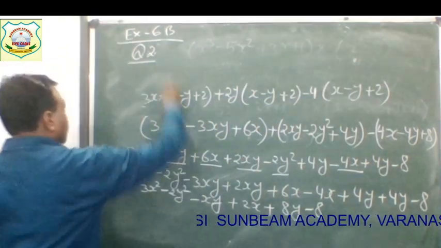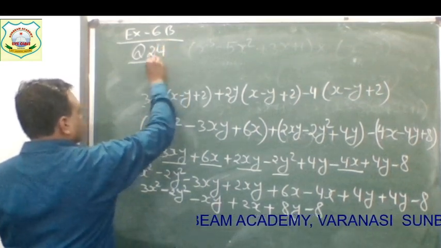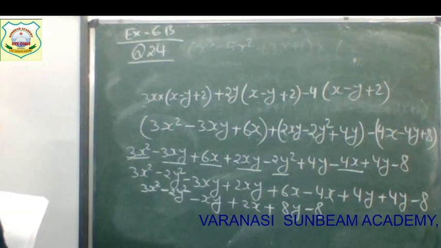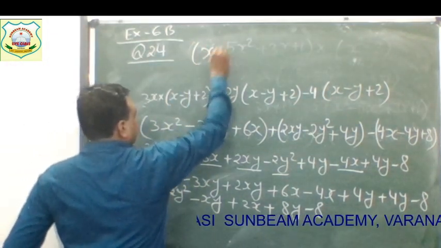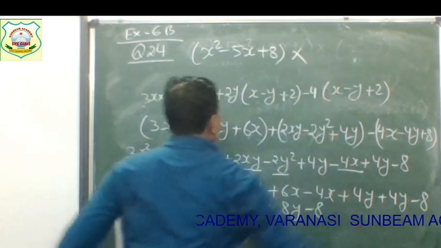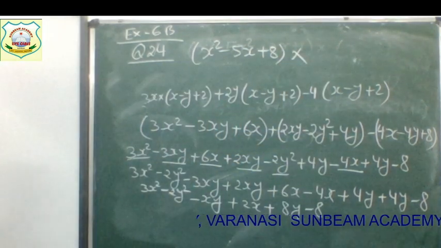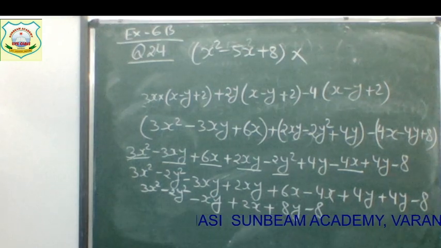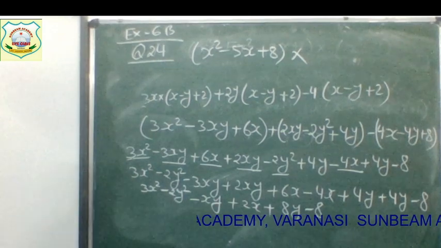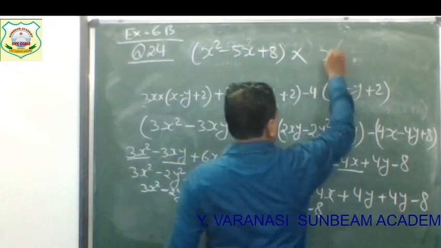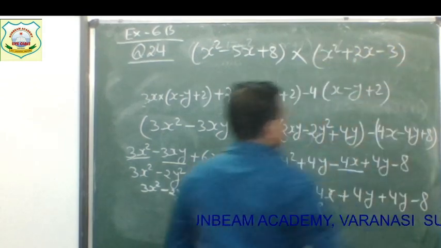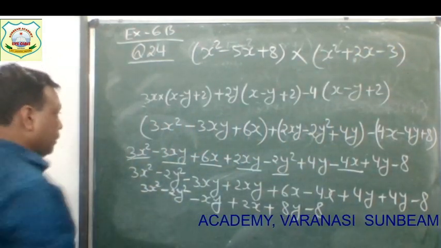I'm writing the question: x square minus 5x plus 8 multiply x square plus 2x minus 3. x square plus 2x minus 3. I think students, everyone noted.